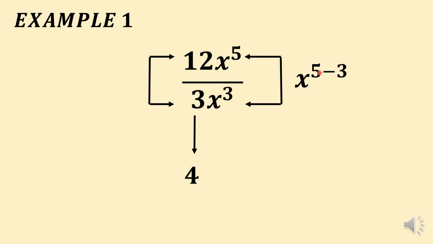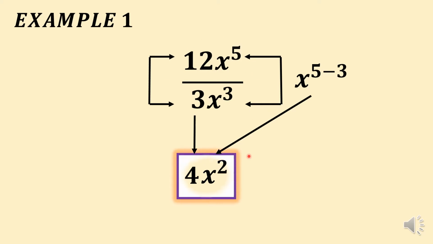So you have 5 minus 3. So pag sinubtract natin 'yan, so syempre copy muna yung x, and then 5 minus 3, the answer is 2. Okay? So therefore, ang magiging simplified answer nitong rational algebraic expression na ito ay 4x raised to 2.